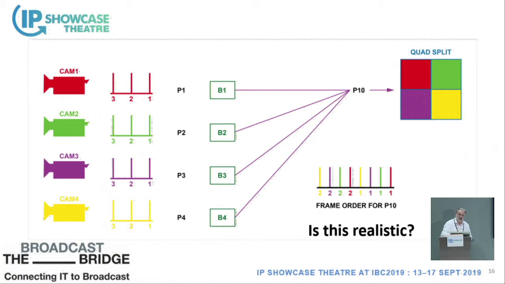This is what I believe 2110 wants to achieve, in that the packets are evenly gapped. If we can then split those into our quad split, so we've got a higher frequency output on our quad split to give us the right packets, then that should all work quite nicely. But the question is, can we realistically achieve this?